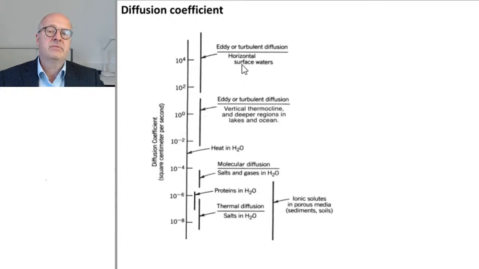So if we have turbulence and dispersion, this is the dominant process, and diffusion is not relevant anymore, I would say, because this is like 10 million times stronger than the diffusion of chemicals or of heat in water.